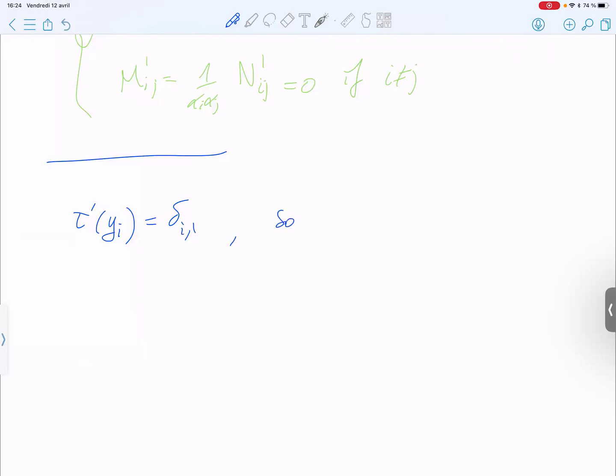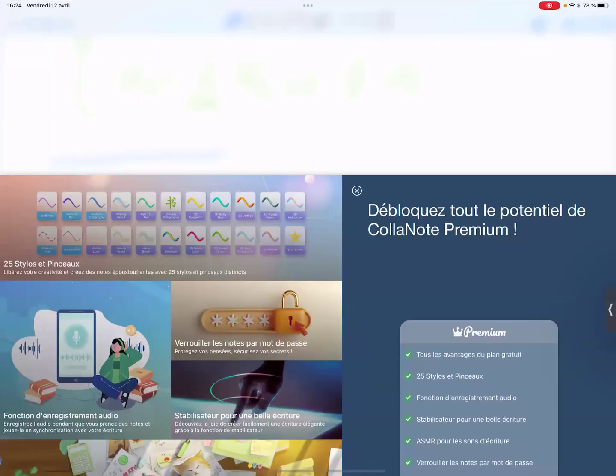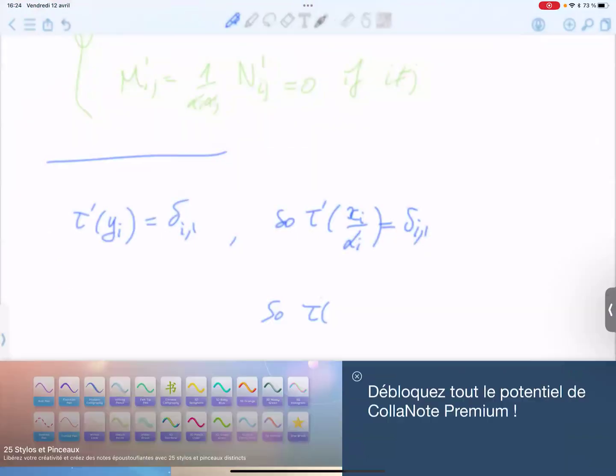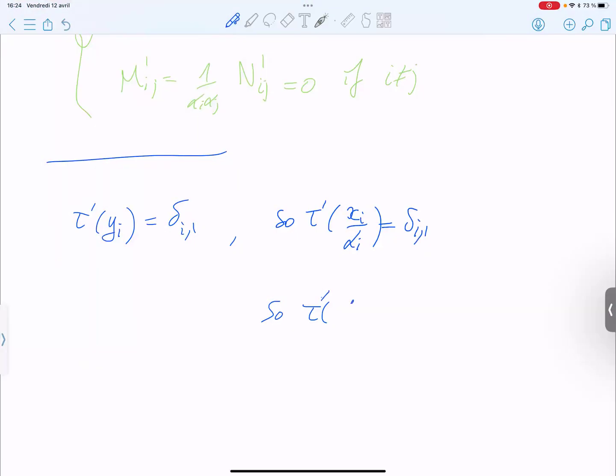Tau prime of x_i over alpha i is like that, so by linearity you just have alpha i delta i1.